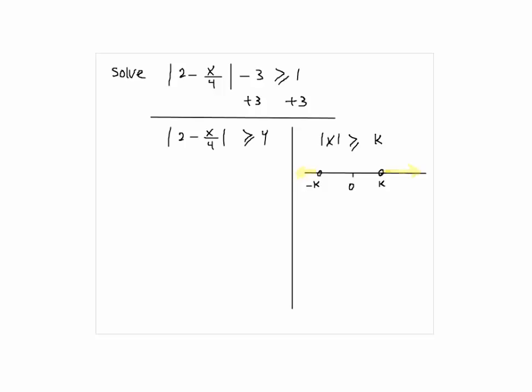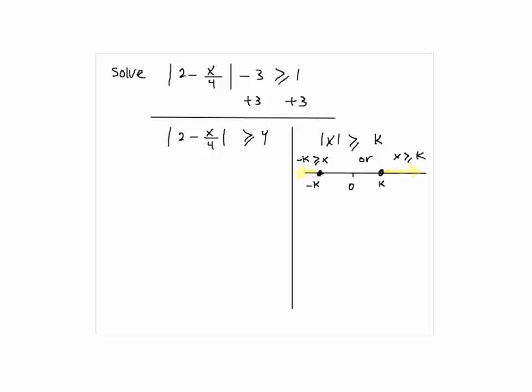So in this case, we're going to include the endpoints here because it's greater or equal: all the numbers greater or equal to k, or all the numbers that are less than or equal to minus k. Now, if I relate this to this problem here, instead of x, I have (2 minus x) over 4.